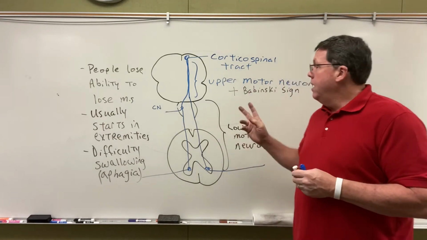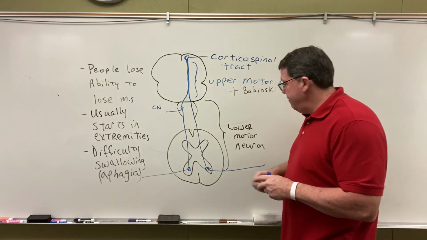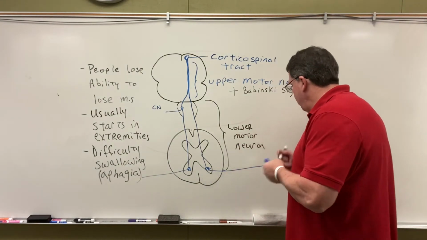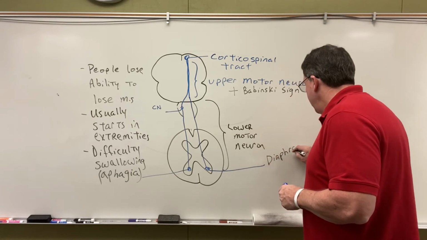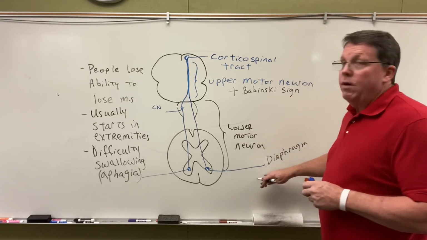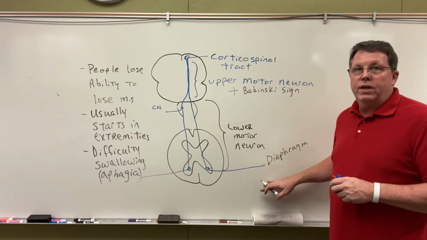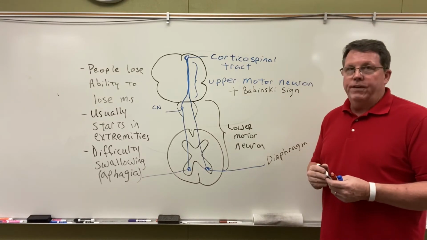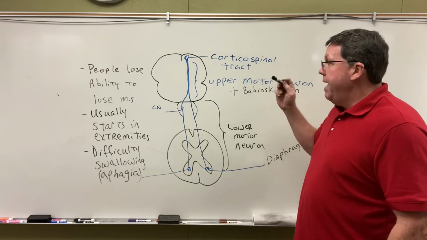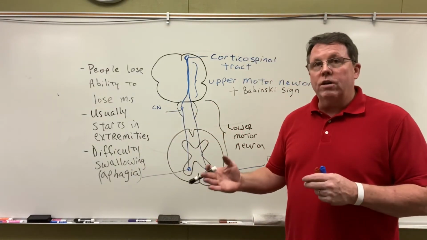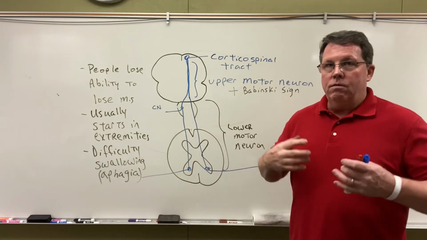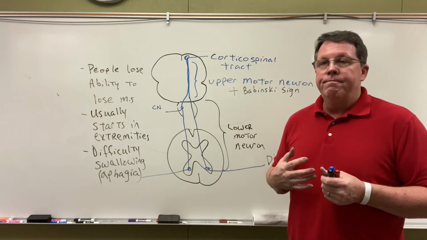The other thing that can eventually happen is if I have nerves that are going out to the diaphragm or to respiratory muscles, and they get damaged, the person will no longer be able to breathe, and they'll die from respiratory failure. So the bad thing is, it starts in the extremities, and it starts to work its way toward the chest or the torso area.